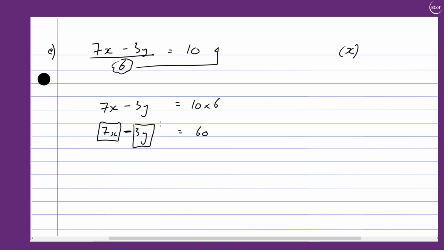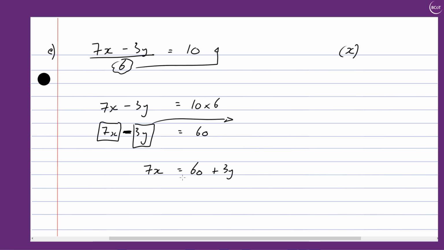It's minus 3y, so we move it to the other side and change its sign to plus 3y. So we end up with 7x equals 60 plus 3y. Happy days. We could only move the 3y with change the side, change the sign because it was part of an addition or a subtraction.